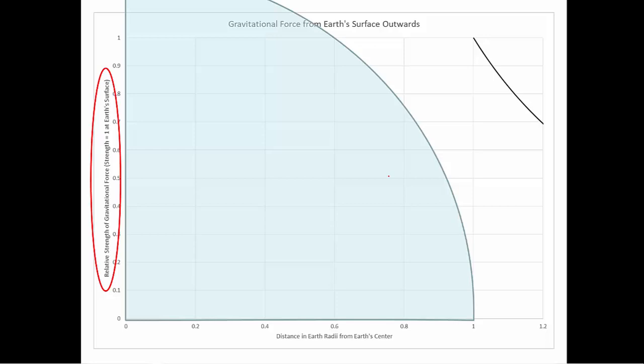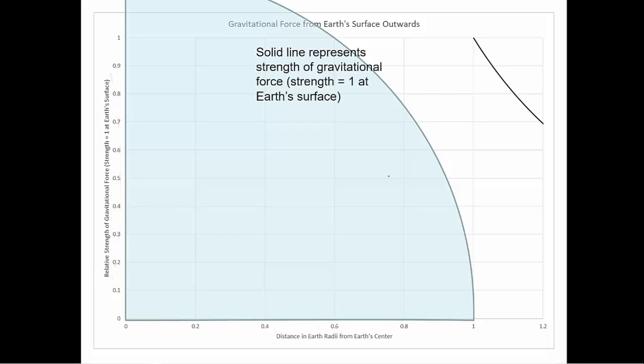Now, this particular graph only goes out to 1.2 Earth radii from the center of the Earth, so an altitude of only 0.2 Earth radii. But I wanted to put one thing on here. The solid line we have over here shows the strength of the gravitational force, and it's got a value of 1 at the Earth's surface.